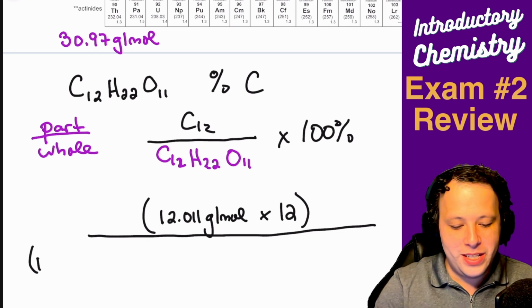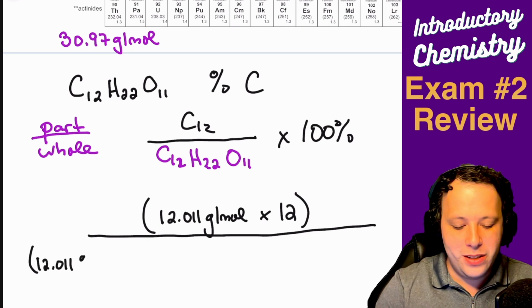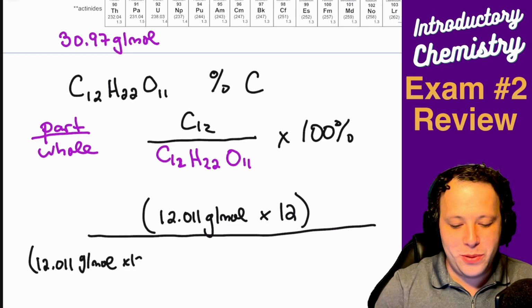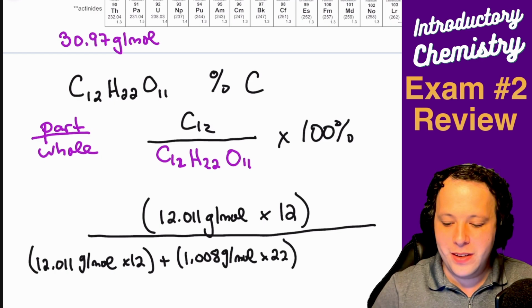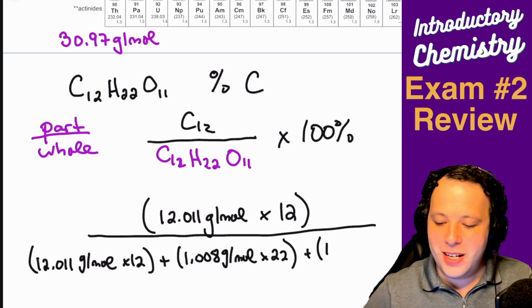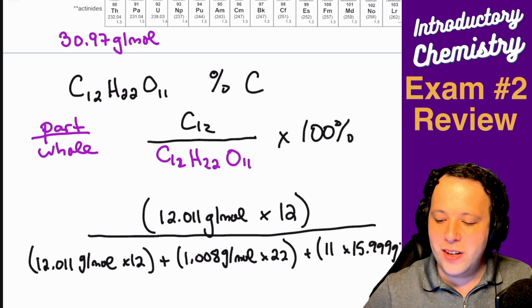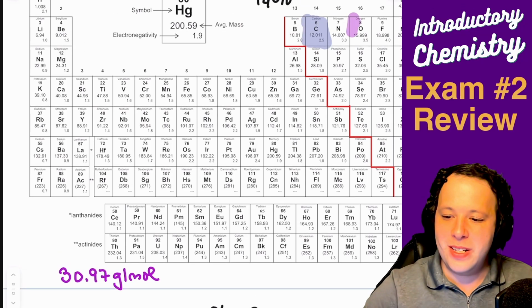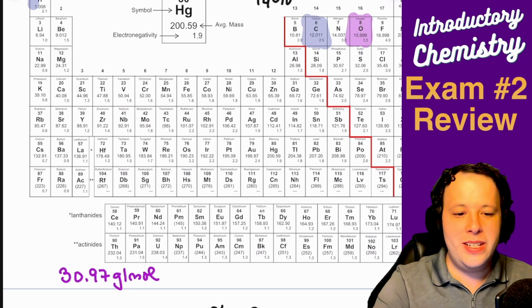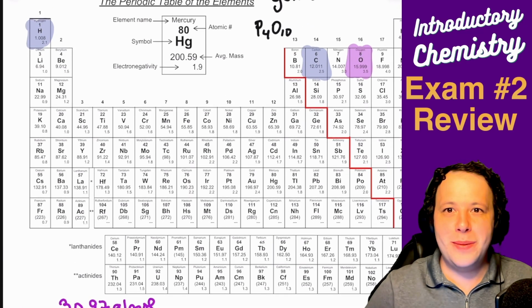So it's 12.011 grams per mole times 12, and we add that to hydrogen, which is 1.008 grams per mole times 22. And we'll add that to oxygen, which is 11 times 15.999 grams per mole. We're grabbing all those from our table. Every single one of these is on the periodic table.